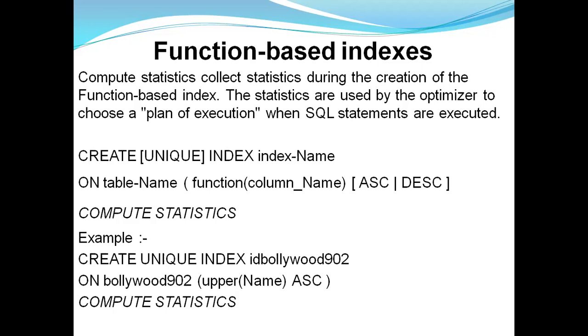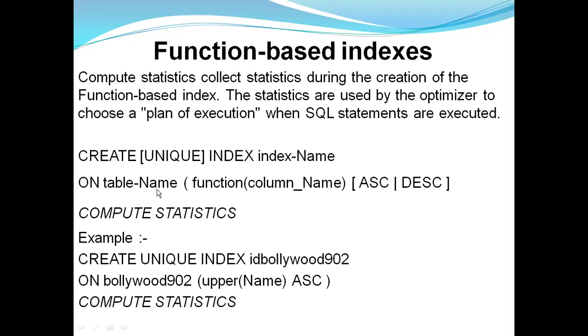So simply, how to create a function-based index? Same thing, just before the column, we choose an appropriate function, whatever is required. So simply we can say: create index name on table name.